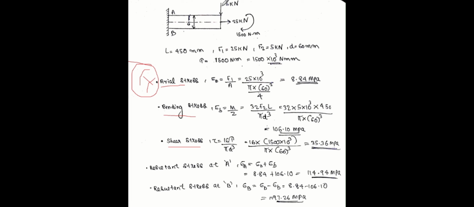Just imagine what happens when this 5 kilonewton force is applied. This will sag, right? It would bend like this. This bar would bend something like this, so the top is in tension, and the bottom portion will have a region of compression.